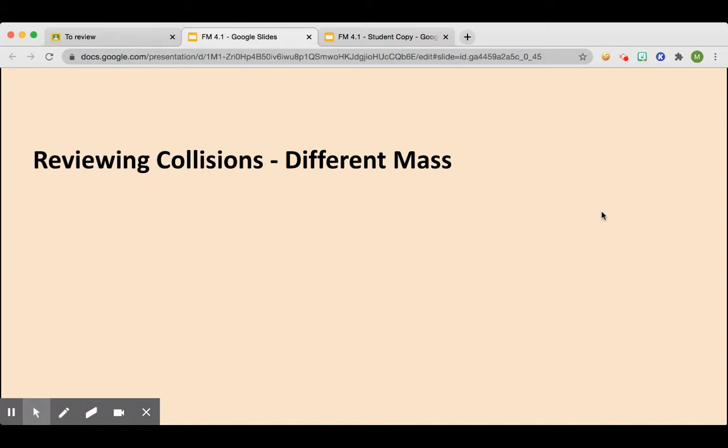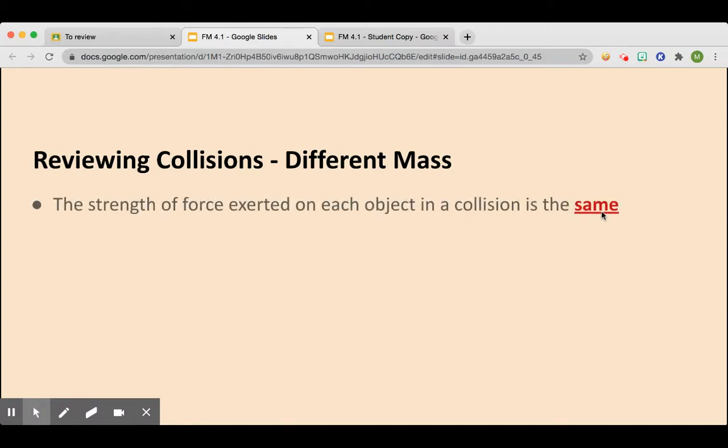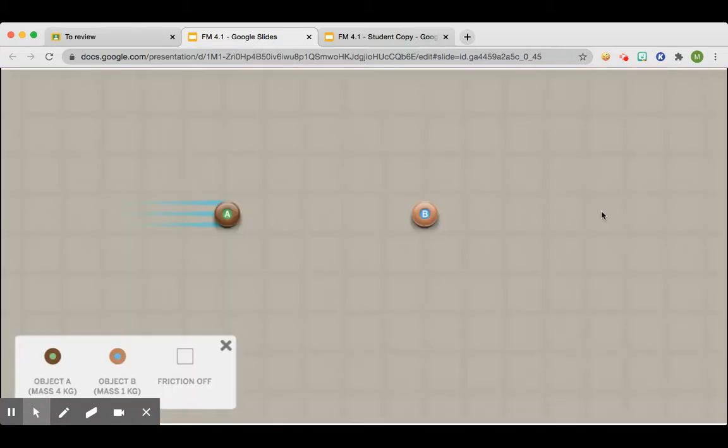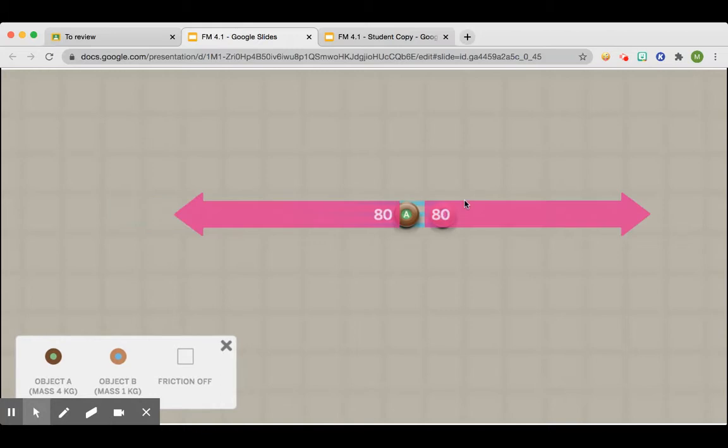For different masses, the strength of force exerted on each object in a collision is the same, but the object with less mass will have a greater change of velocity when the same force is exerted. So same thing, A is coming in, B is not moving, but now A is 4 kilograms while B is 1.